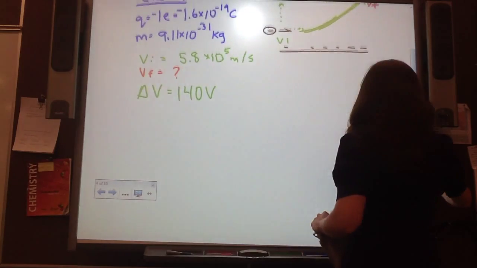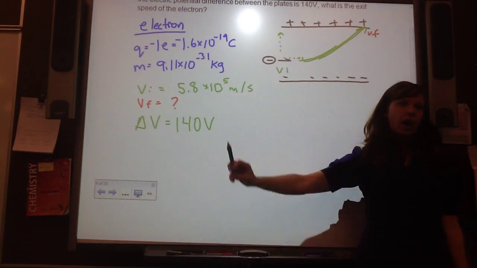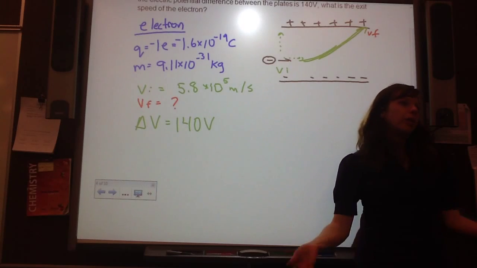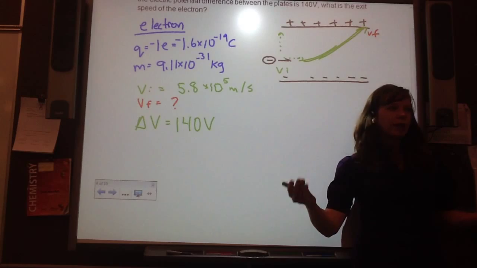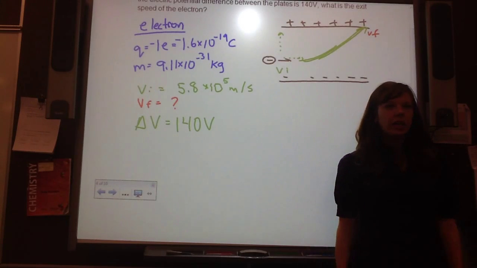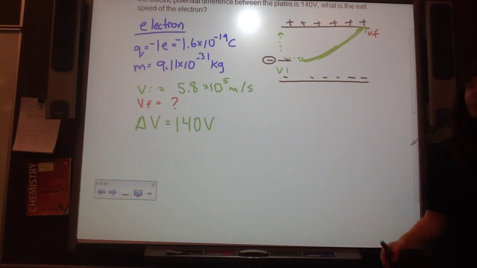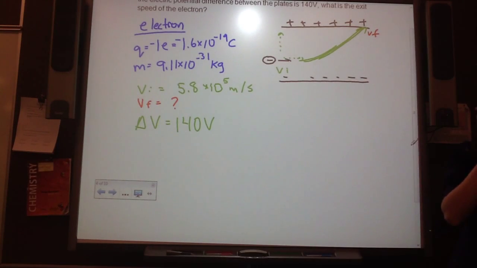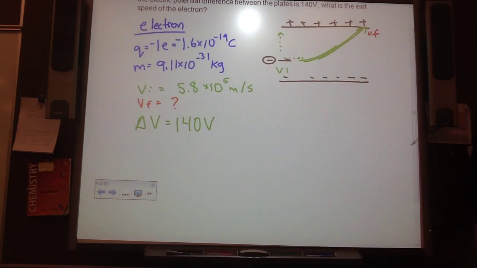Now, we don't know distance and time, so we don't have anything else but VI to do an acceleration formula. For acceleration formulas, you need VI or VF, D, T, things like that. We don't have that. All we have is VI. But we have mass, and we have electrical potential difference.